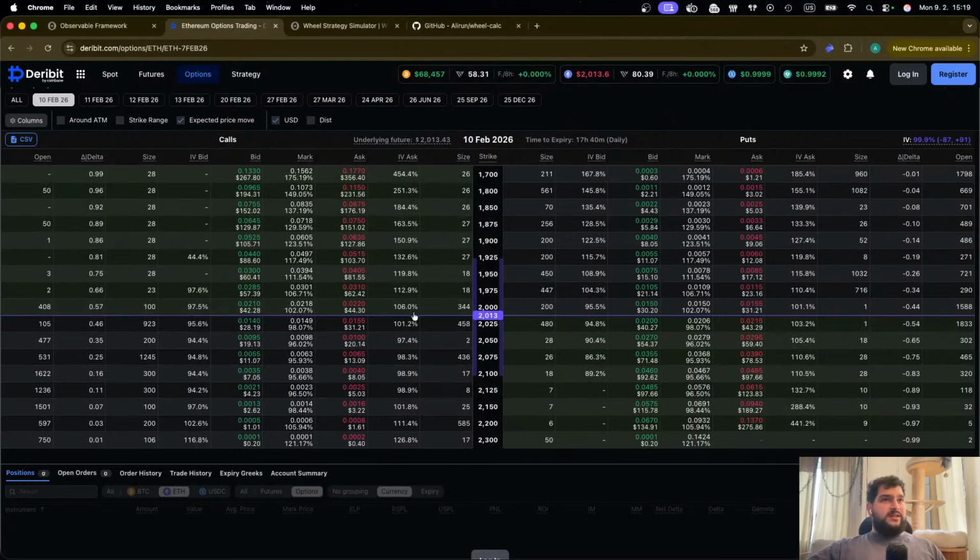I hope you get it, because for the calls it's already payout above this one, right? So the price difference of the option is always the strike price minus the current price, or the current price minus the strike price. That's why it always tracks 1 to 1.